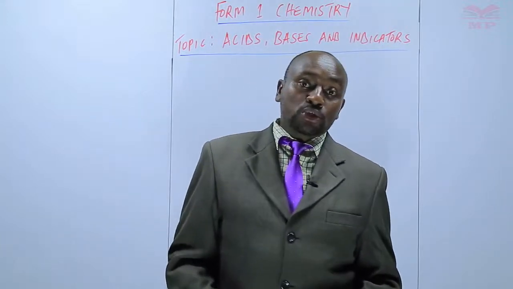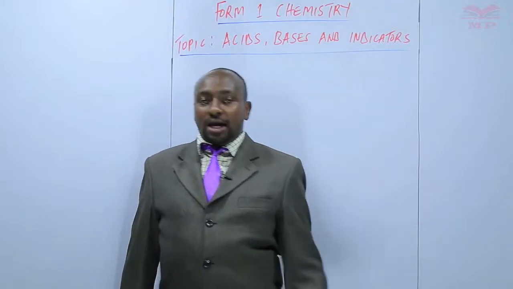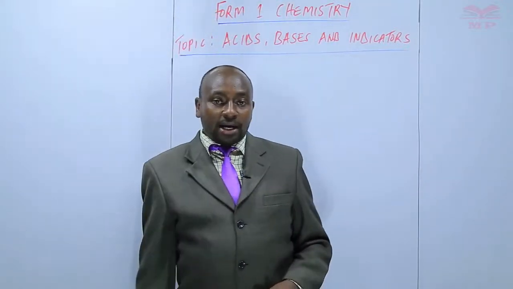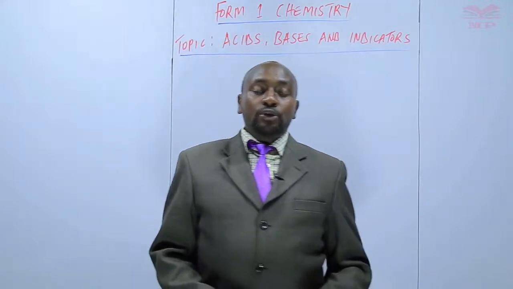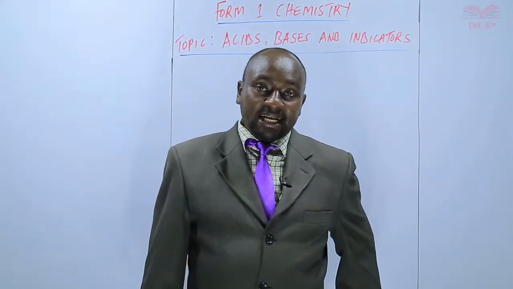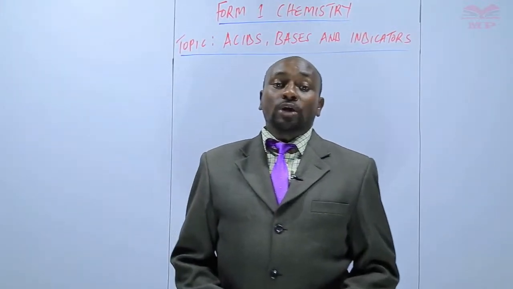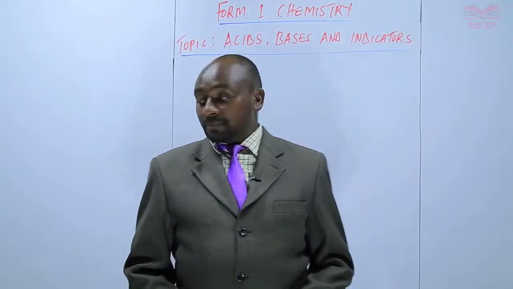So we saw some solutions are acidic, they give a particular color with a particular indicator. Other solutions are basic, they give a particular color with a particular indicator. So today we are going to discuss another indicator that is known as universal indicator, and we are going to discuss it together with what we call the pH scale.